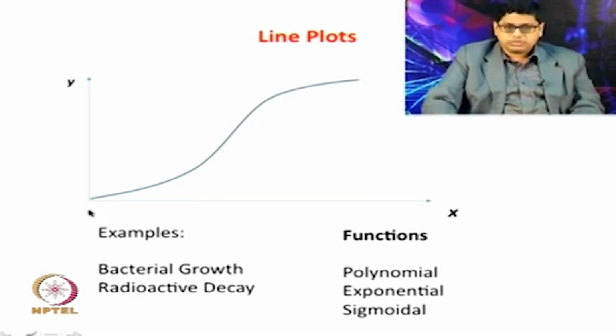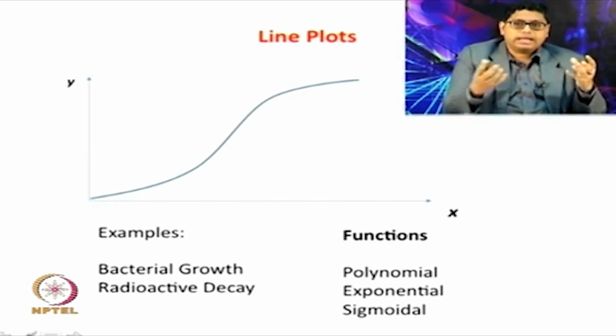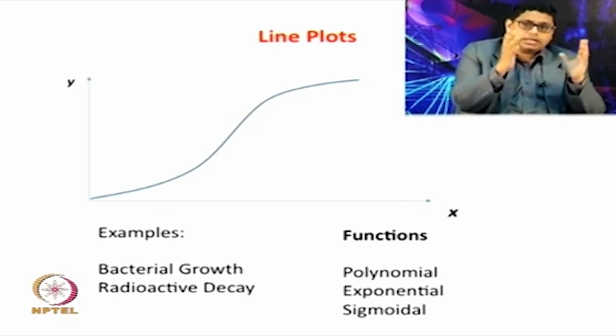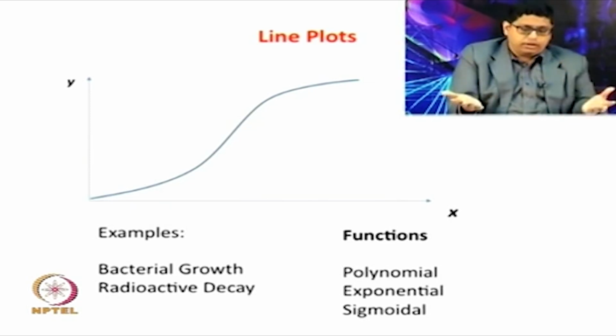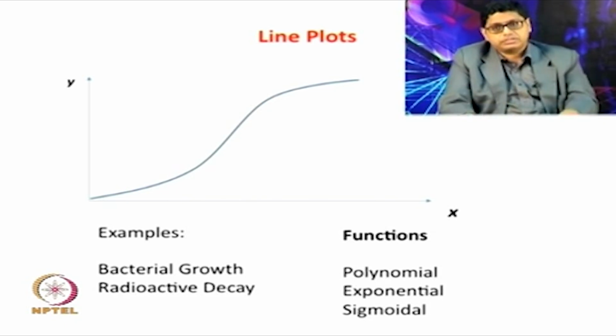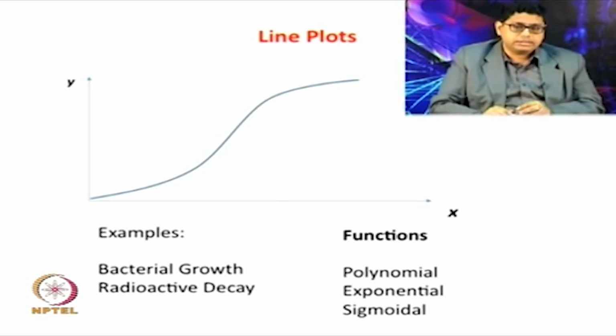It makes sense to connect them with a line when you know that the underlying phenomenon is actually a physical process which has a given time constant associated with it, or a given mechanism by which it happens. So, it is under control, it is not a completely random association. That is when you can have very nice linear plots.